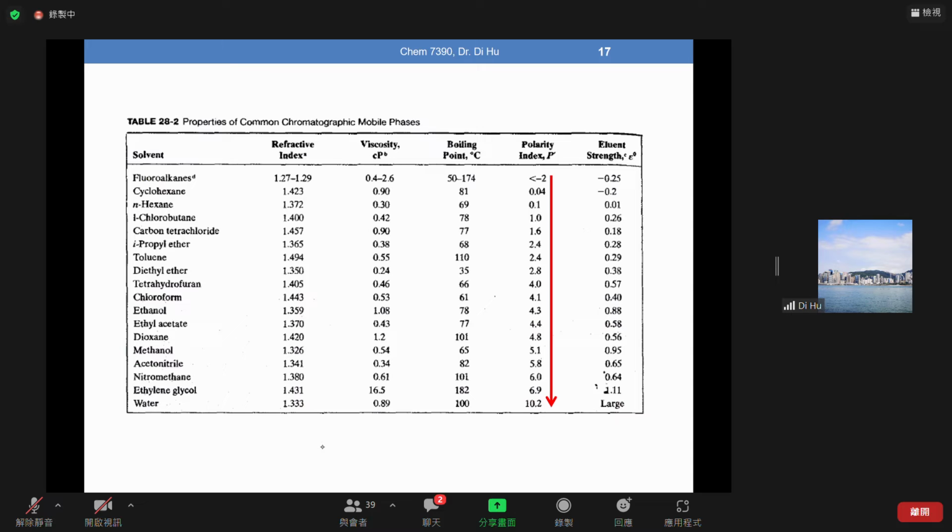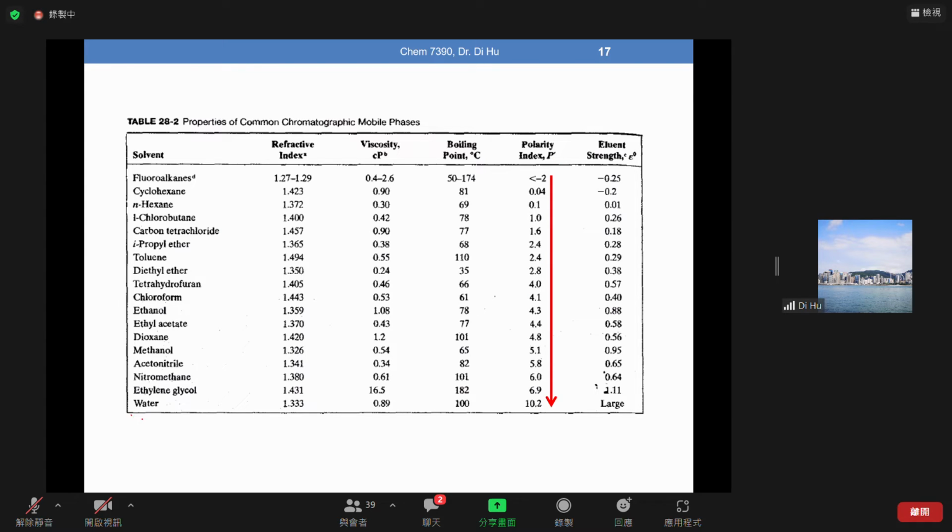Now, we use the polarity index to show the polarity of different solvents. Let's take a look at the common properties of these mobile phases. You can see we have a wide range of polarity index.